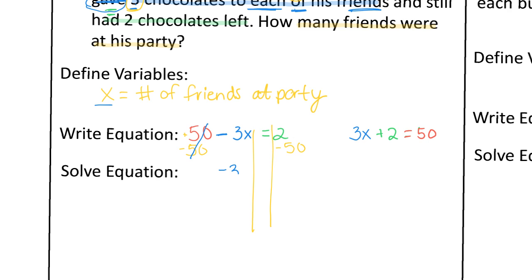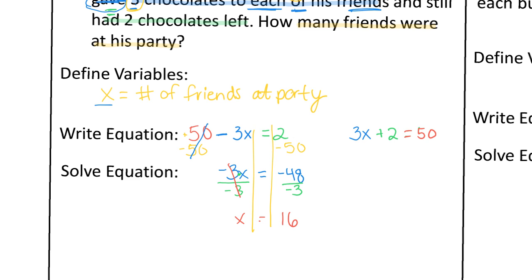We bring our negative 3x down, equals 2 minus 50. 2 minus 50 is negative 48. And now remember, there's implied multiplication here. So we do the opposite of multiplication, and we divide both sides by negative 3. These 3's cancel. We're left with x equals 16.